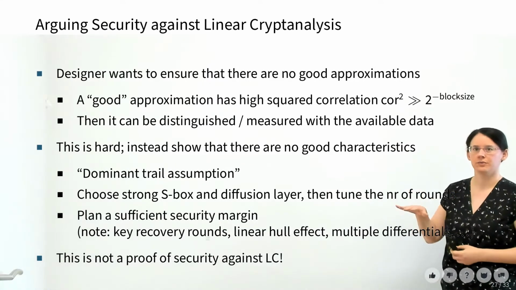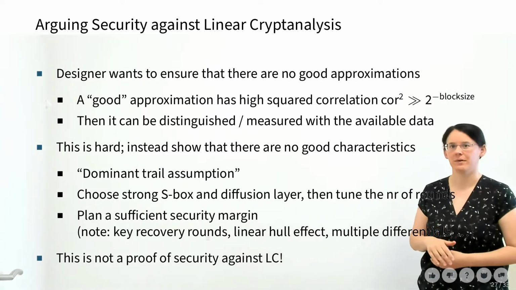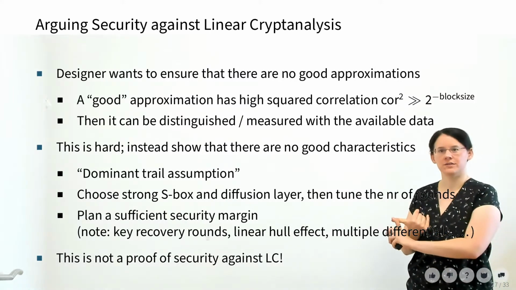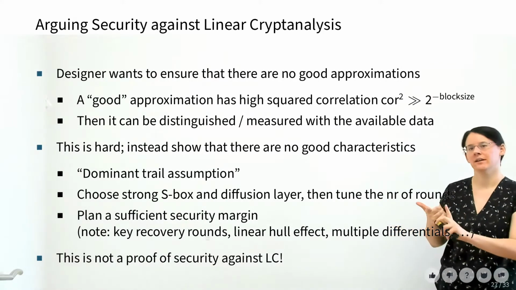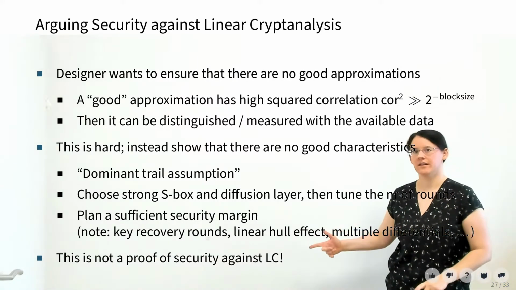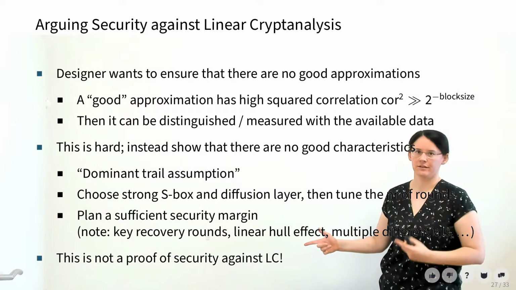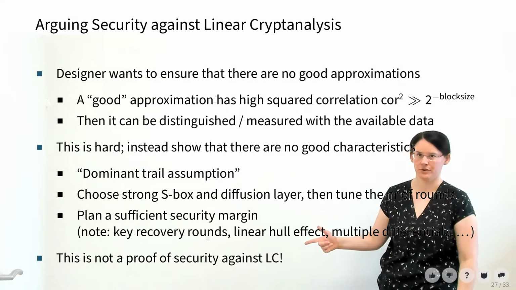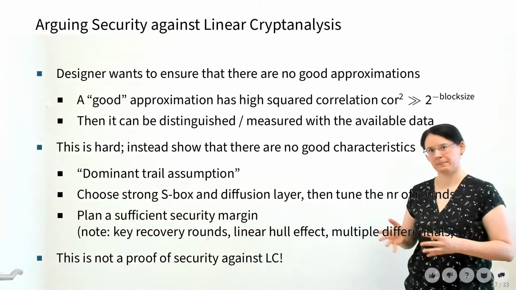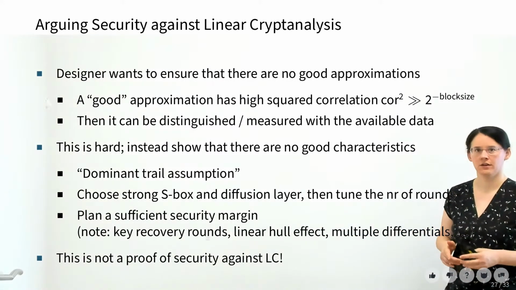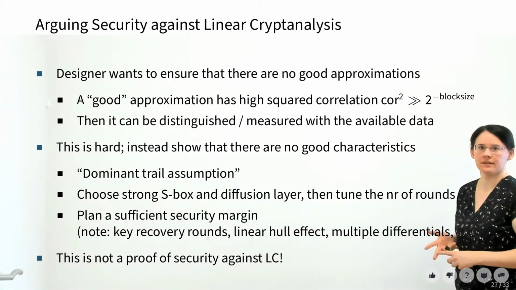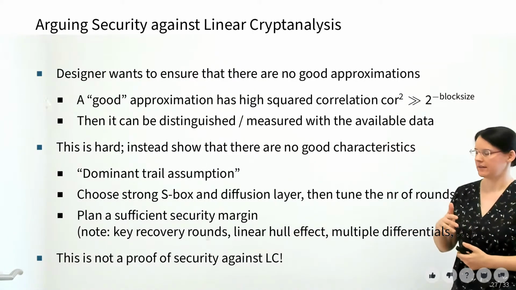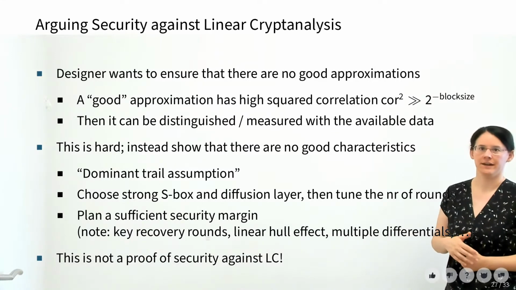In addition, when I design a cipher, I also want to plan a sufficient security margin, which compensates for the rounds I would cover with key recovery, and potential effects in the cipher that I didn't foresee, like not just one dominant trail, but several good trails which combine their effects, or the fact that I might have multiple good approximations that I can combine.